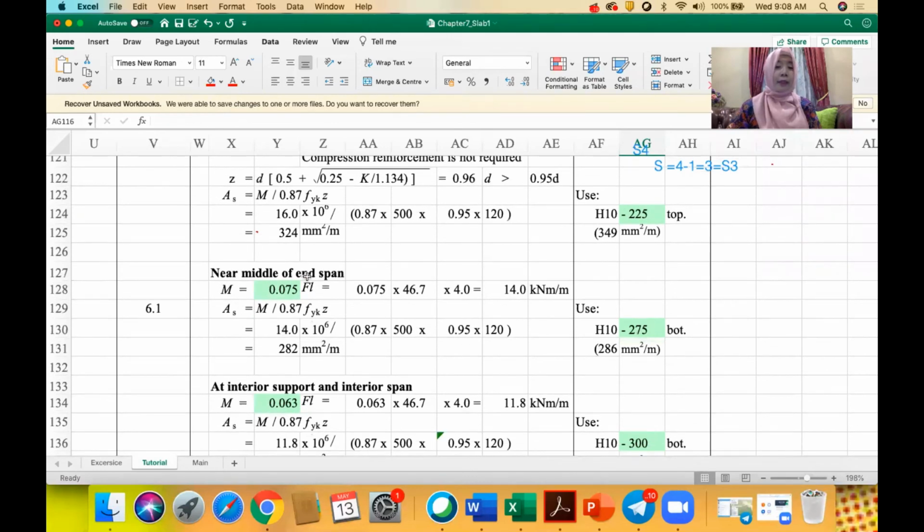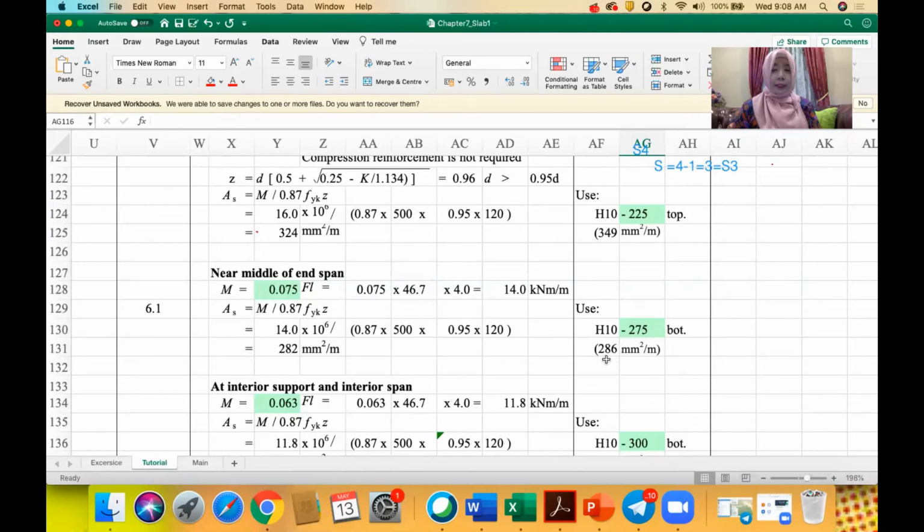Near middle span, and MES, we have this value, so we have 282, similar like above, so we have H10 275.